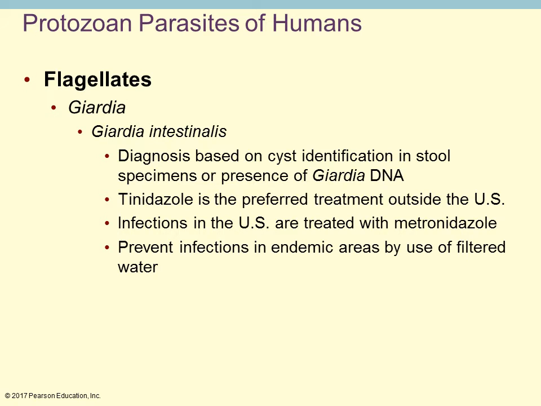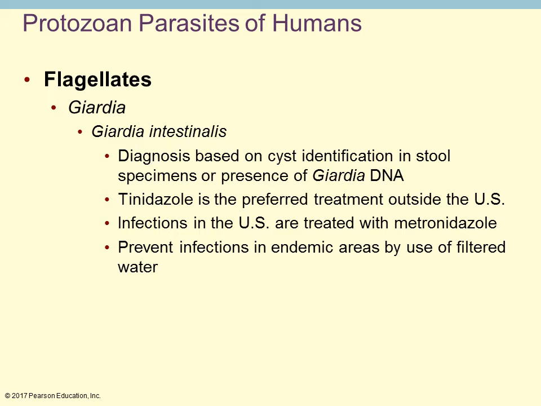This is the one that oftentimes people will contract it when they are out hiking or camping in backcountry and they choose to just drink straight from, say, a mountain stream. You don't know what has been deposited upstream. It may look clear, but it doesn't mean that that water is clean.